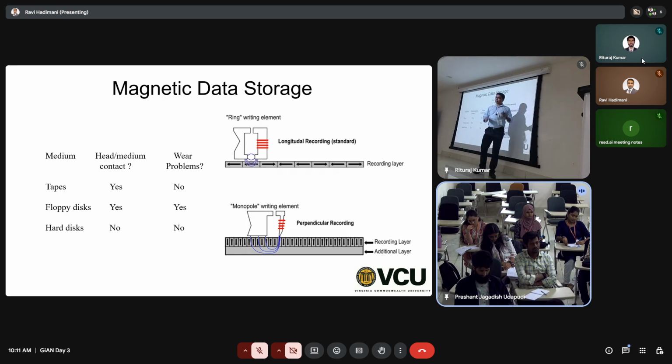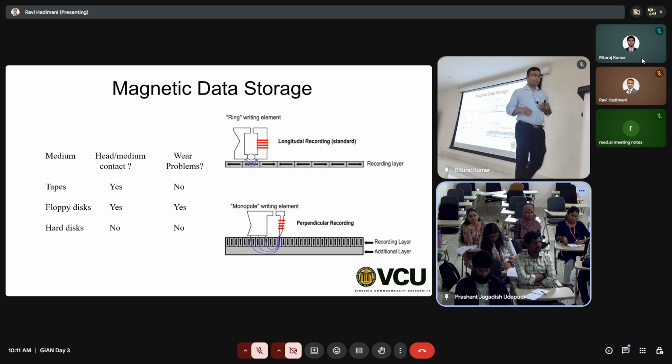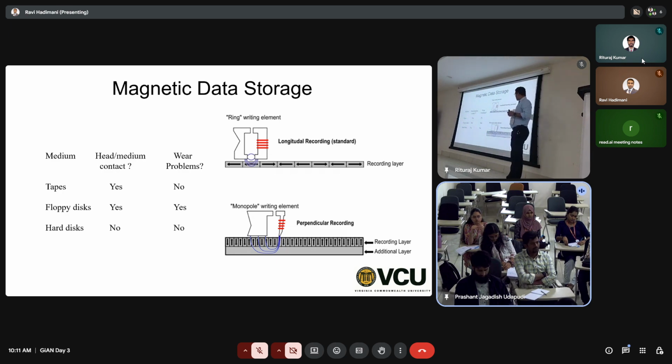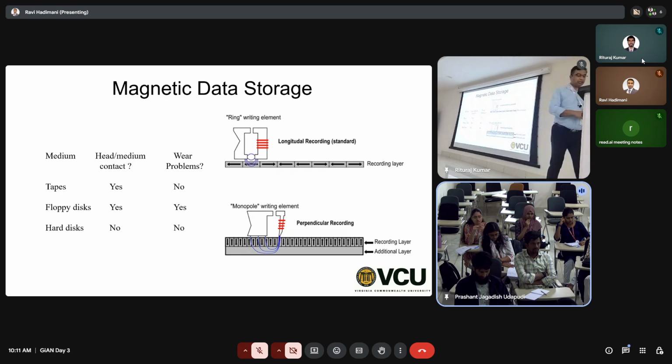But hard disks are much more sophisticated because their media is a special material, which means you can write each magnetic spin or domain in a very small area. And nowadays the domain width is in terms of 30 to 40 nanometers.